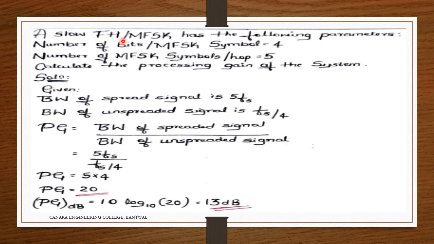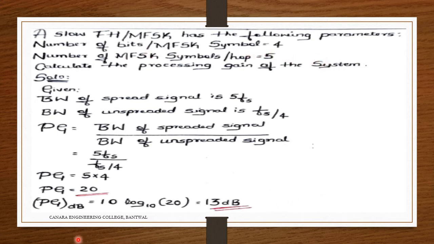A slow frequency hop MFSK system has the following parameters. Number of bits per MFSK symbol is equal to 4, and number of MFSK symbols per hop is equal to 5. Calculate the processing gain of the system. So what is this number of bits per MFSK symbol?